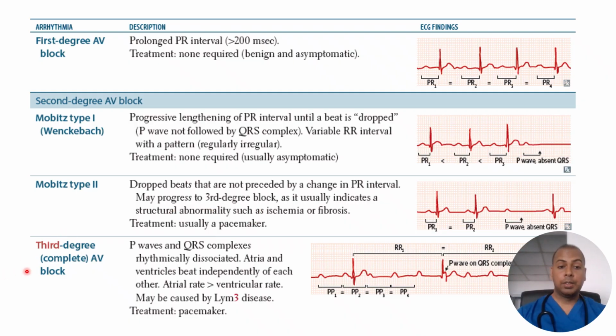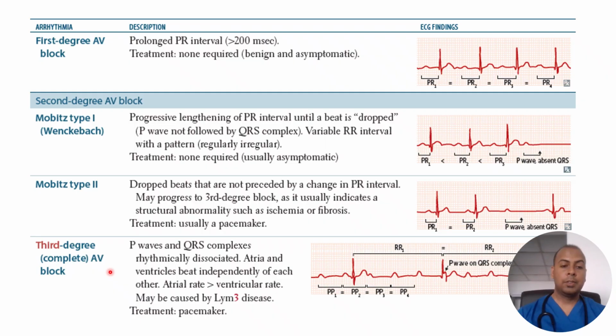And then there is the third degree AV block or complete AV block, where there is a dissociation between the P wave and the QRS complex. For me, an important distinguishing factor between the third degree AV block and the Mobitz type 2 is whether the rhythm is regular or irregular.